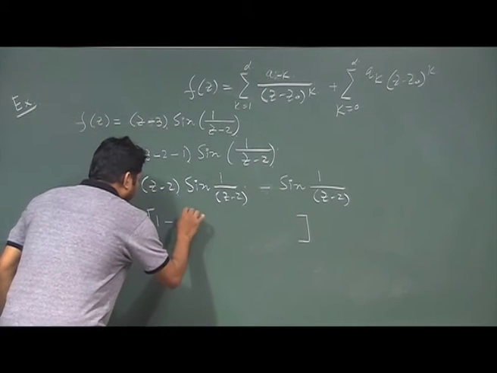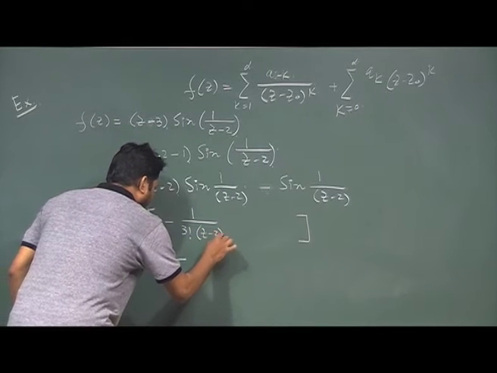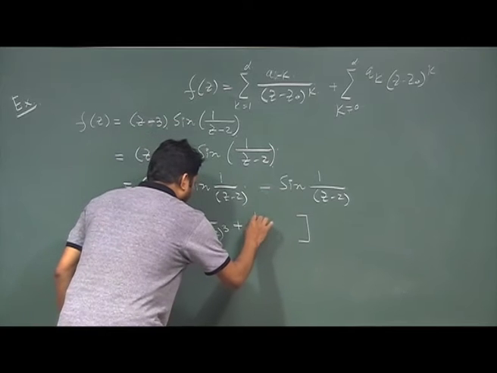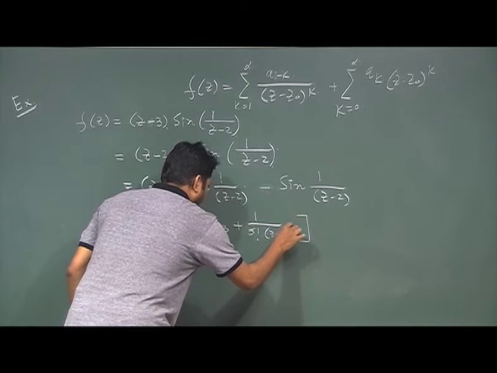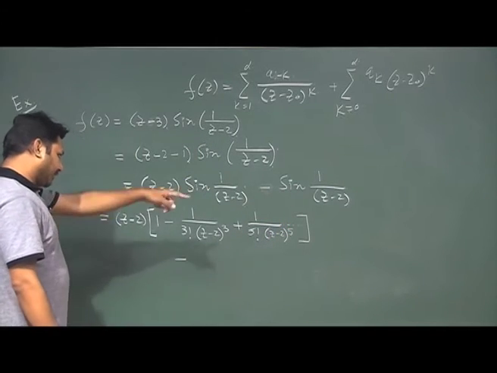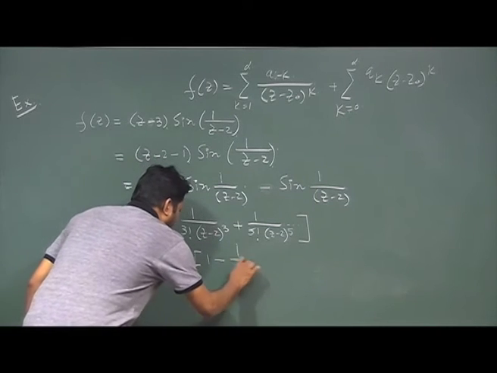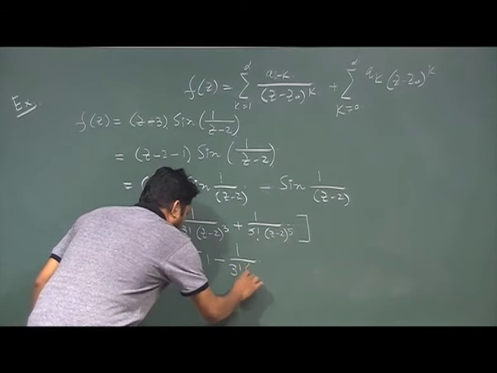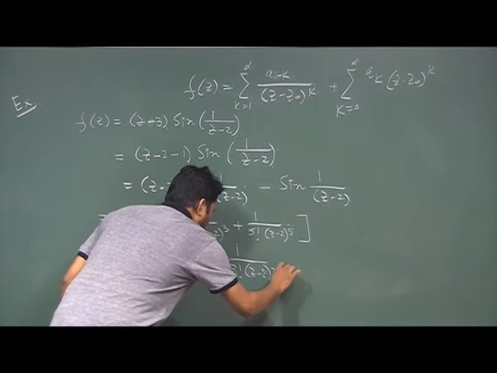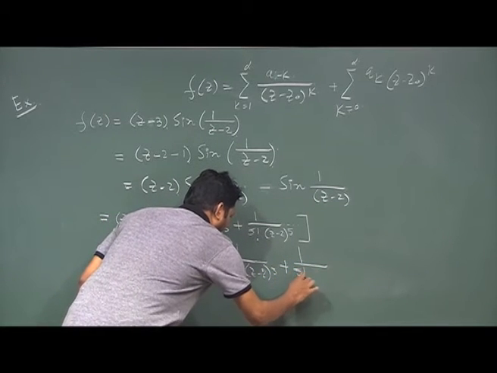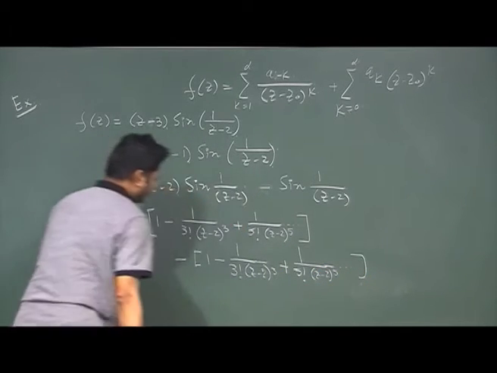So, it will be 1 divided by factorial 3 (z minus 2) cube plus 1 by factorial 5 (z minus 2) to the 5 and so on. The next part is also represented like this: 1 by (z minus 2) minus 1 by factorial 3 (z minus 2) cube plus 1 by factorial 5 (z minus 2) to the 5 and so on.